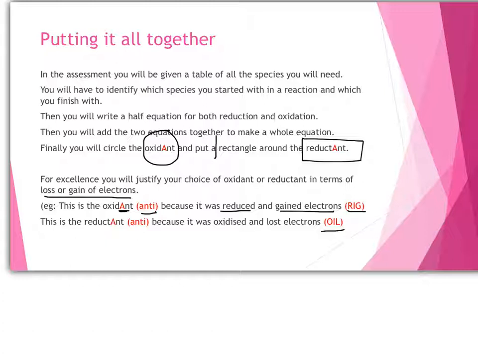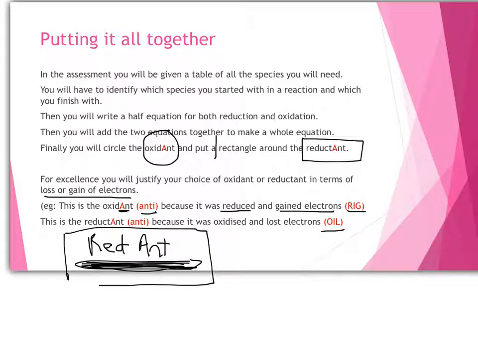So if you want to, you could think of a red ant here. Picture a red ant for reductant. And the red ant is sitting on a puddle of oil. So that's going to remind you, and all of that's in a rectangle.